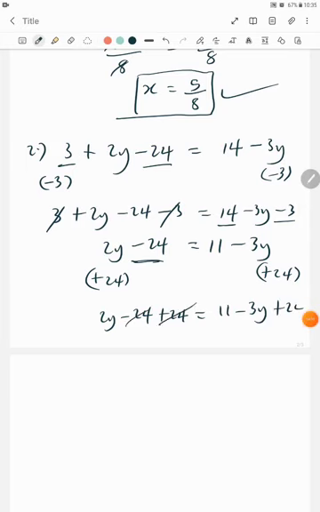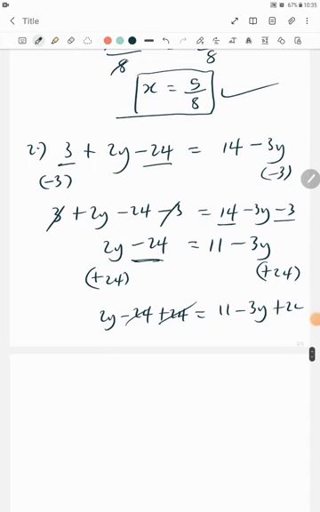Minus 24 will cancel out plus 24, and what will be left here will be 2y. Then I have 11 plus this 24. Let's simply add it directly. 11 plus 24 gives us 35, and then minus 3y that is there.